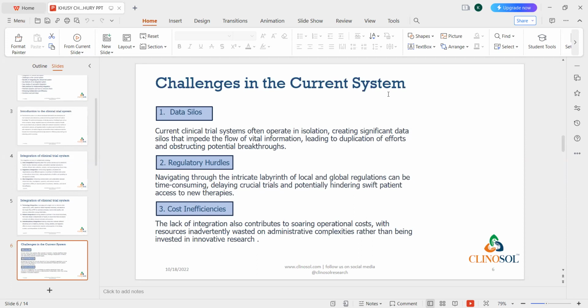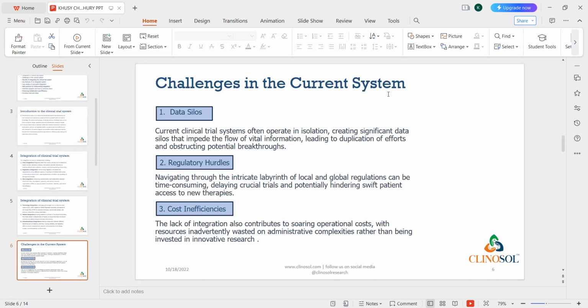Integrating these diverse data sources in a seamless and standardized manner poses significant challenges.